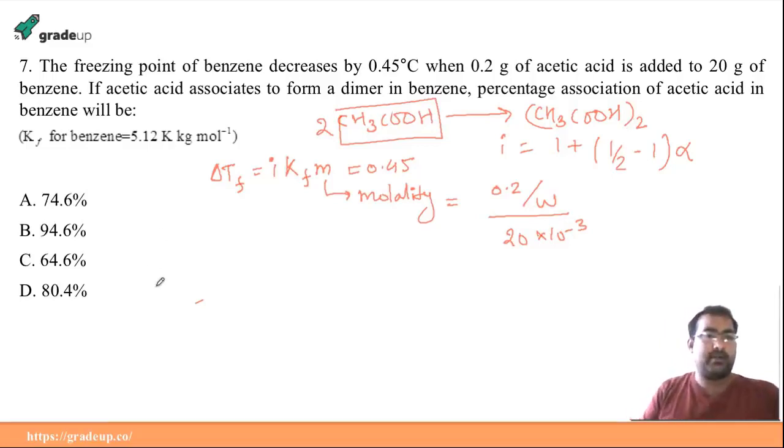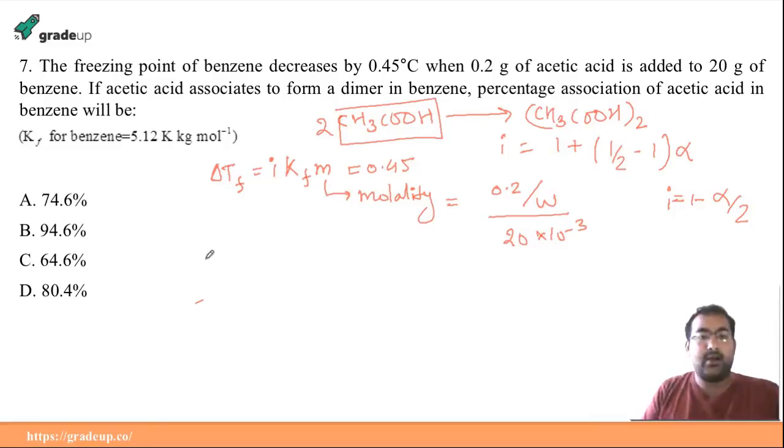That's a nice question. Kf has been given, delta T has been given, you need to find i. Here i is equal to 1 minus alpha by 2, because n is 2; you have taken n as 2 because it's forming a dimer.